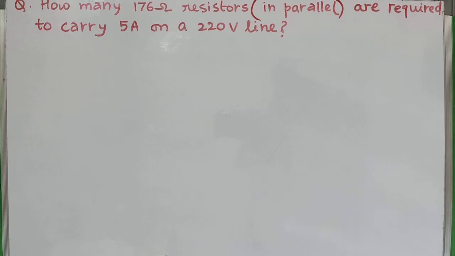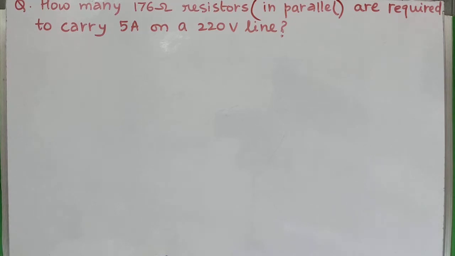Let's see the question. How many 176 ohm resistors in parallel, that means we will take some number of these 176 ohm resistors, are to be connected in parallel, are required to carry 5 amps on a 220 volt line.